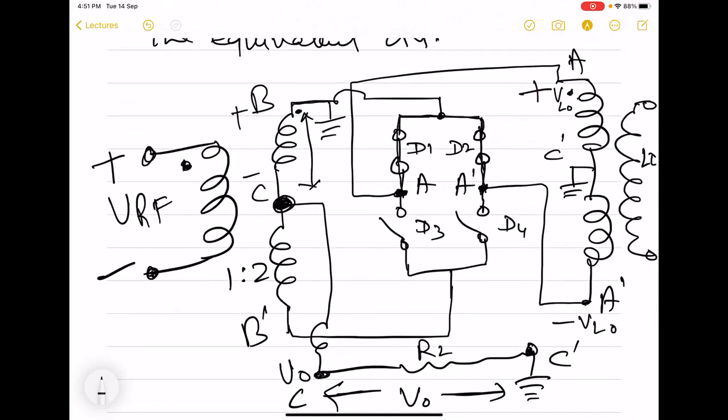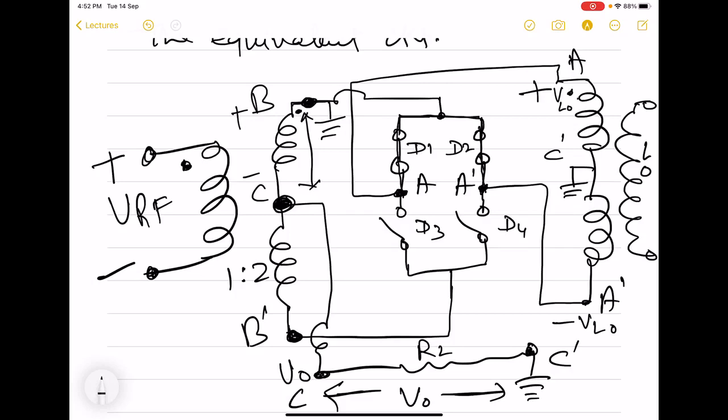For LO to reach the RF, it must first reach the secondary of RF. If it is able to reach between B and B dash, then it will always be present at the primary also. So now what we see here is what happens with B and B dash.